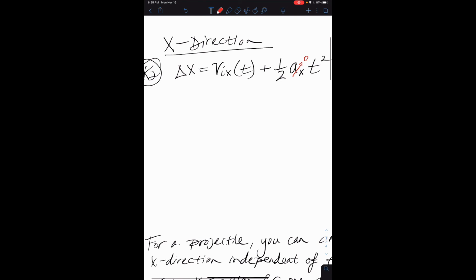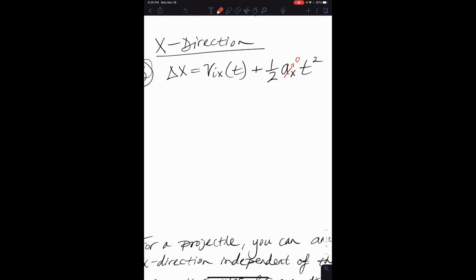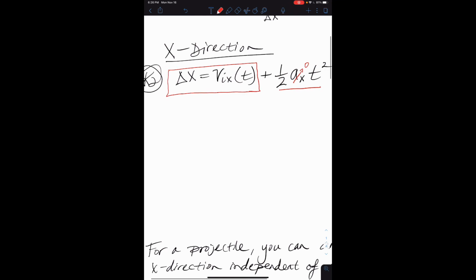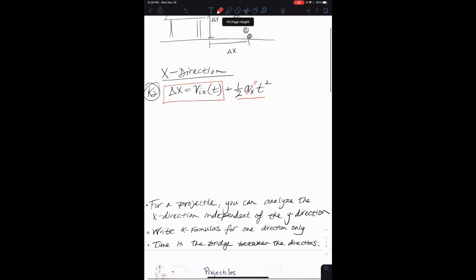So because of that, this term over here from the expression is 0 times 1/2 times t squared, right? So this is just going to be 0. And our K formula shortens to just this. So this is K2 in the x direction because the rest of our equation is 0. Okay, so I'm going to go ahead and add that below.